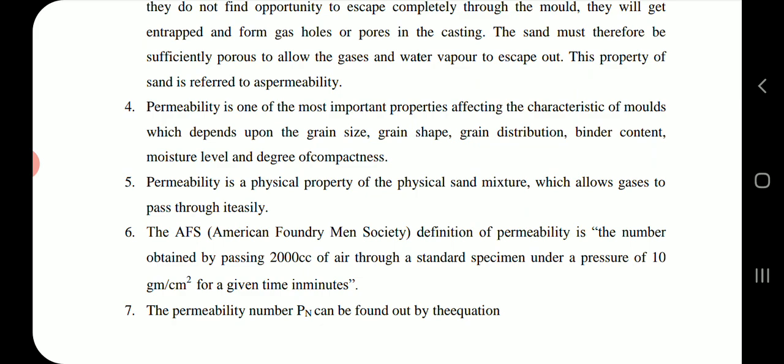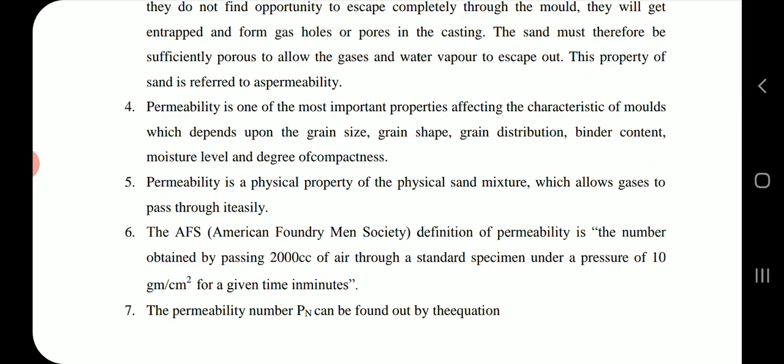The AFS (American Foundrymen's Society) definition of permeability is the number obtained by passing 2000 cc of air through a standard specimen under a pressure of 10 gram per square centimeter for a given time in minutes.